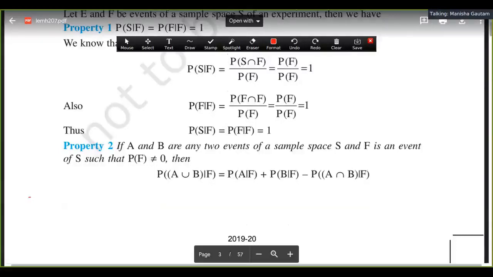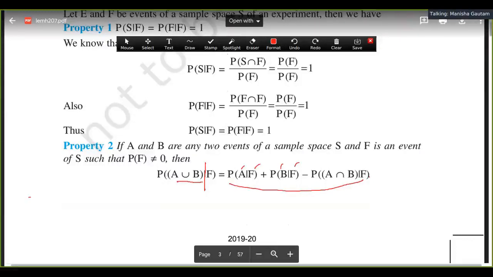So probability of A union B if F has already happened is probability of A if F happened, plus B if F happened, minus A intersection B if F happened. Now you have to put the values and you will get the answer.